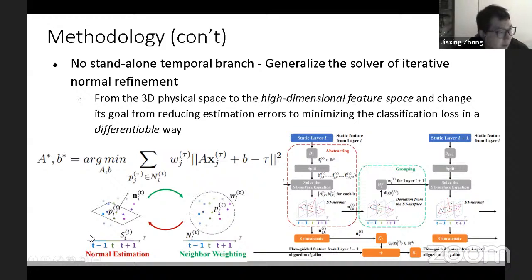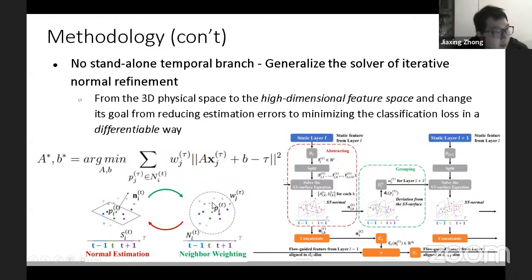And in practice, this solver of iterative normal refinement consists of two typical processes. One is the so-called normal estimation. We are trying to use some MSE or something else to fit this equation. And second, we would like to do the so-called neighbor weighting, to calculate the weight for one point.